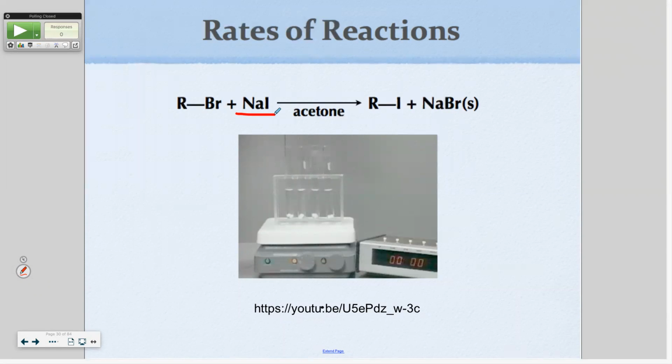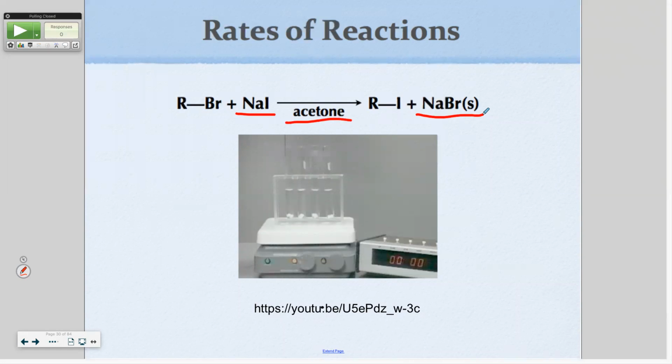They swap positions, okay? And we ran the reaction in acetone. When you do that, sodium bromide is not soluble in acetone, but sodium iodide is. So you can tell the reaction is completed because the sodium bromide precipitates out. That's what they're timing on the video.